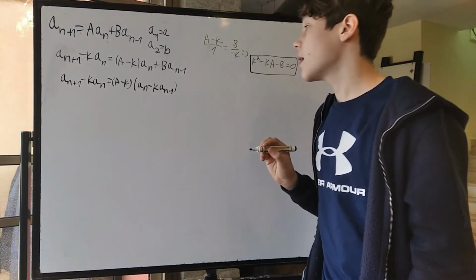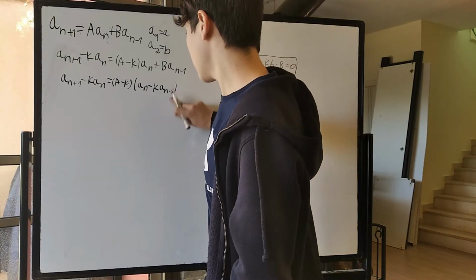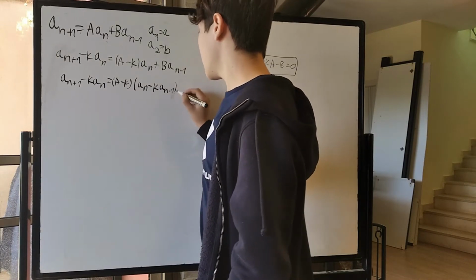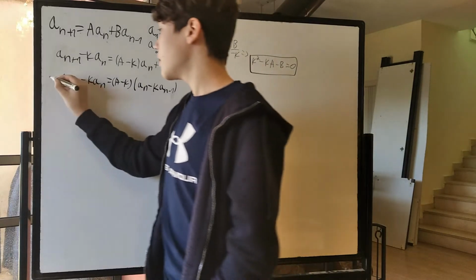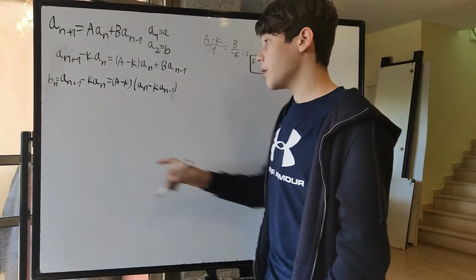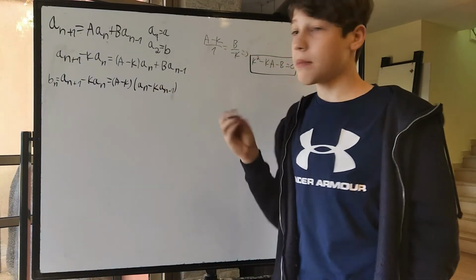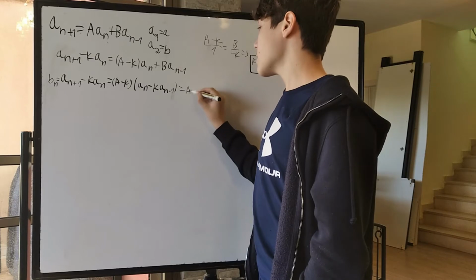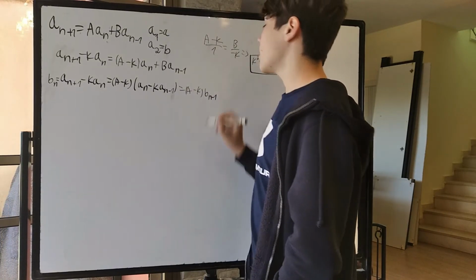Now, let's call this b(n). So this is b(n). Now notice, if this is b(n), this thing right here in the brackets is b(n-1). So this is (A minus k) times b(n-1).